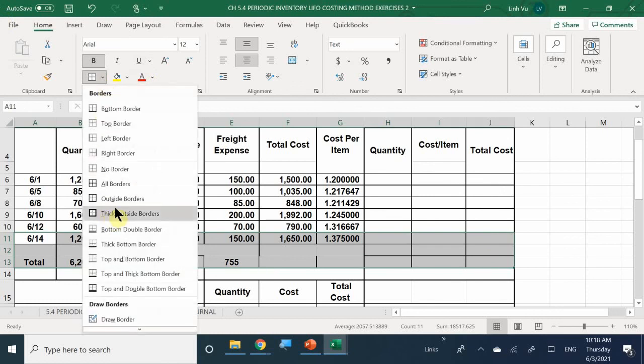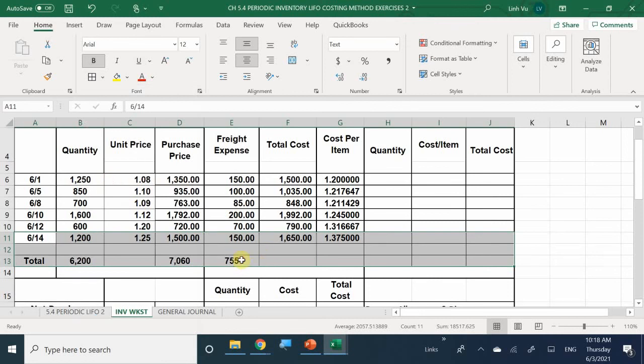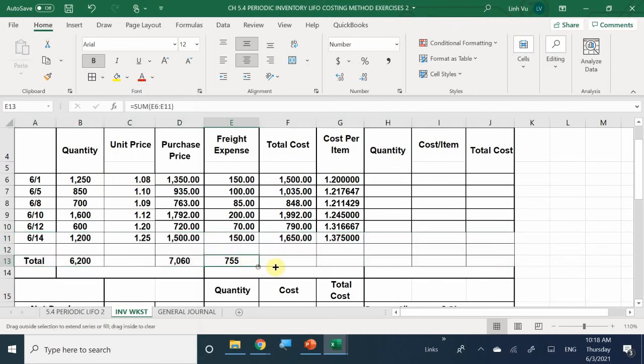What's my total cost? 7,815. Yeah, good job.